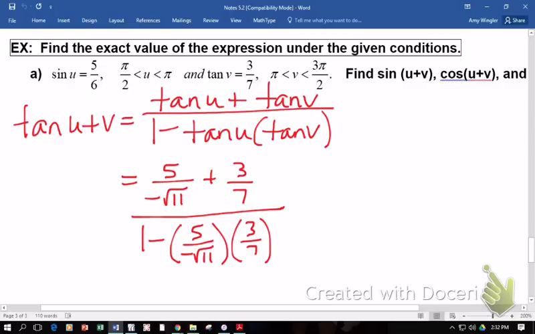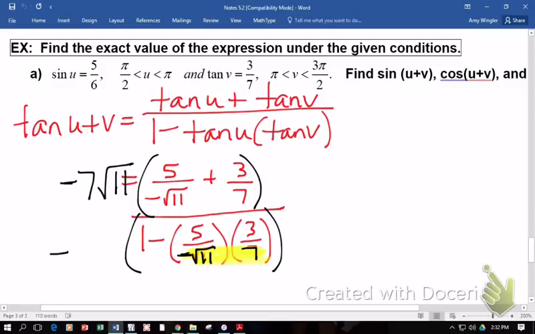So again, we have a complex fraction. You have a denominator in the denominator, so you want to multiply the top and bottom by this denominator. So I'm going to multiply by negative 7 radical 11 on top and negative 7 radical 11 on bottom.